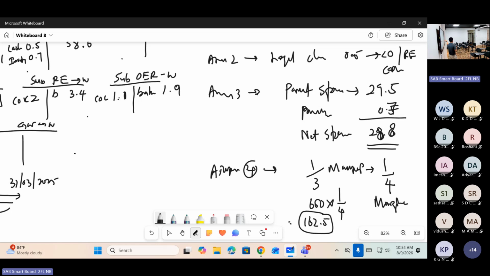Why? Markup is 1/3, so margin is 1/4. We have already discussed that, right? One quarter of 650,000 is 162,500. Converted to millions, that is 0.1625.